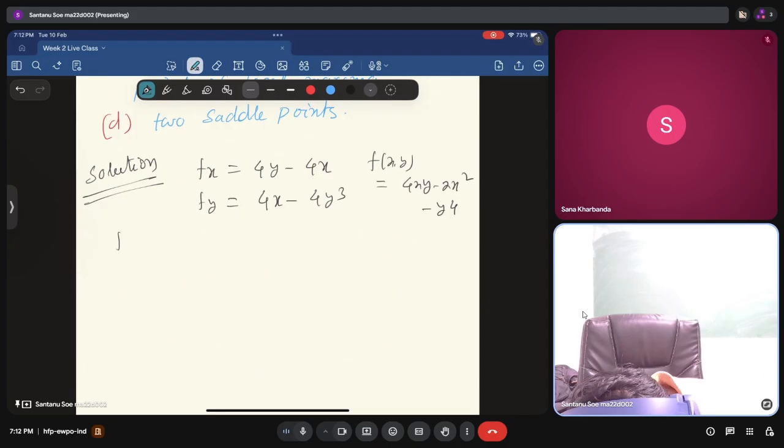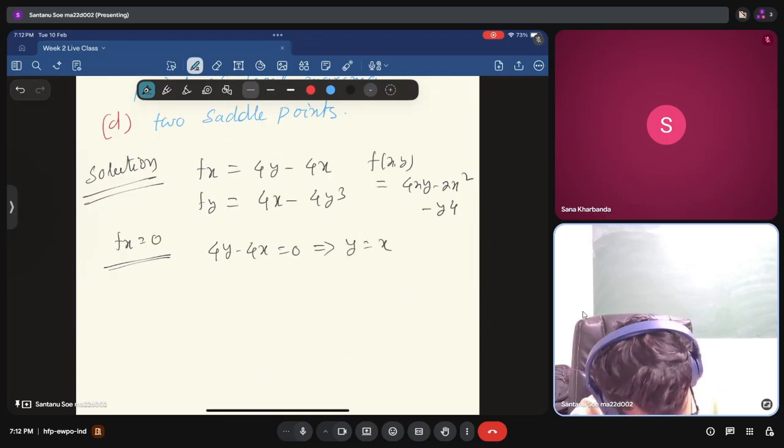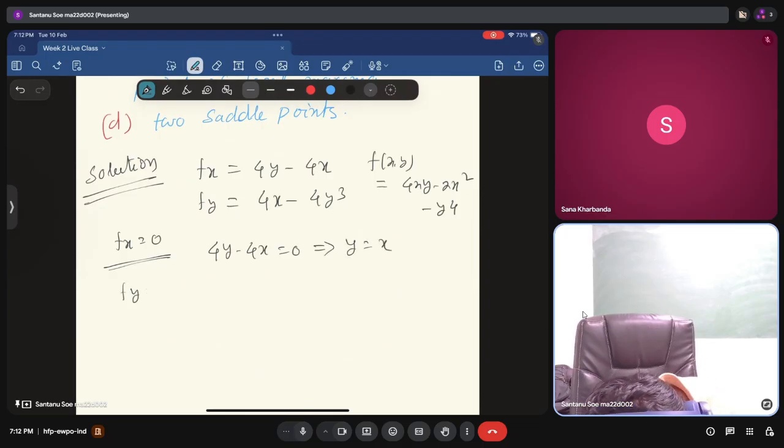So now if we put fx equals 0, this will be 4y minus 4x is 0. This will imply y equals x. And similarly, if you put fy equals 0, you will get 4x minus 4y cubed equals 0.